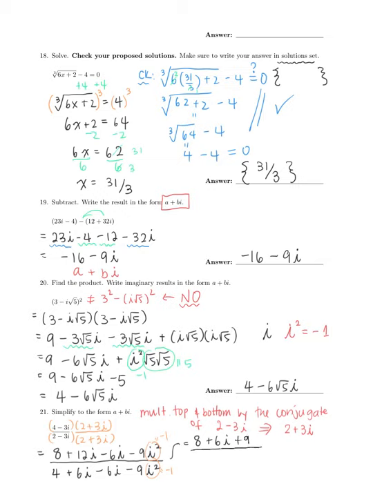Whole thing over. Now for the bottom, 6i and negative 6i is going to cancel each other out. So right now you have 4. And then here you're going to have negative 9 times negative 1. So this is going to become positive 9. So here you're going to have plus 9.